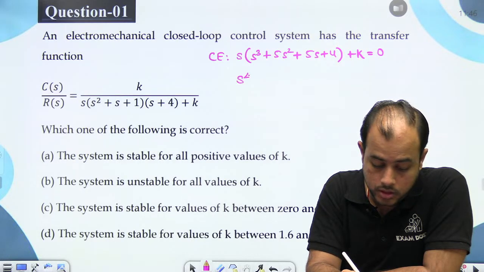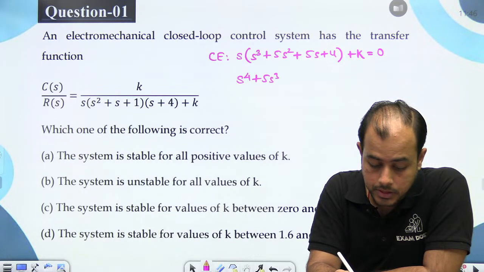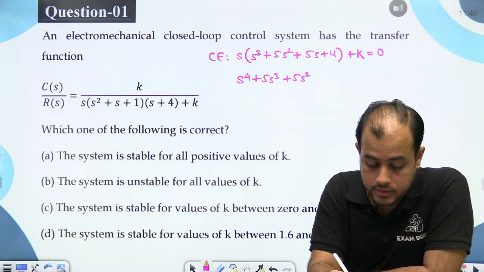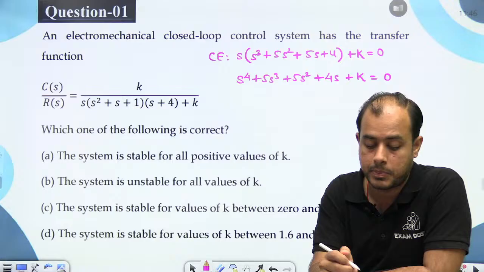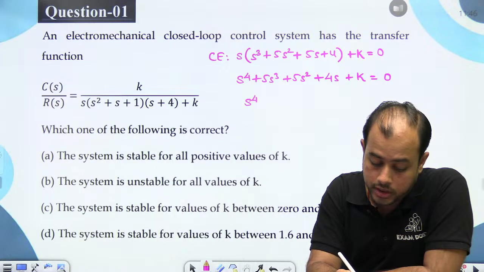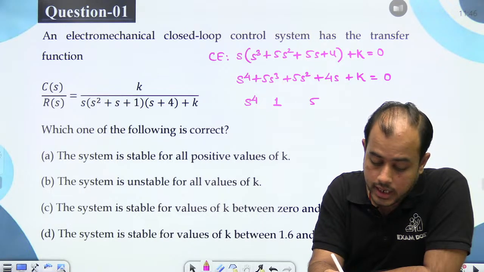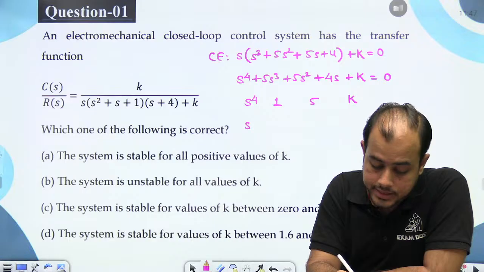So s4 plus 5s cube plus 5s square plus 4s plus k. Directly we cannot apply the shortcut. It is a fourth order polynomial.